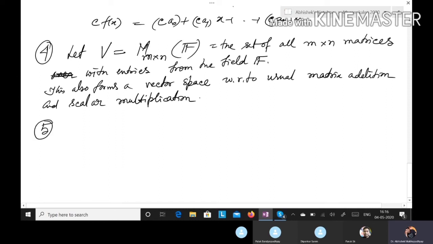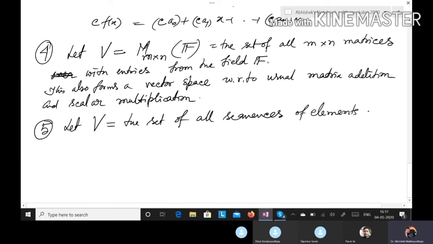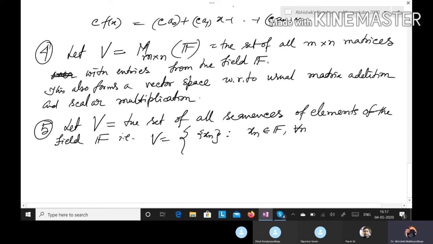Number 5 is, let V denote the set of all sequences of elements of the field F. That means V is the set of all (xn), where the xn are in F for all n.